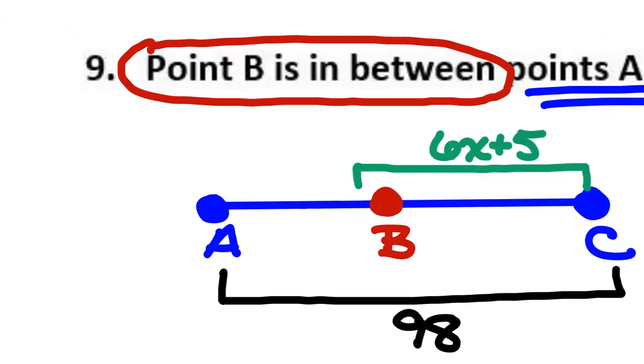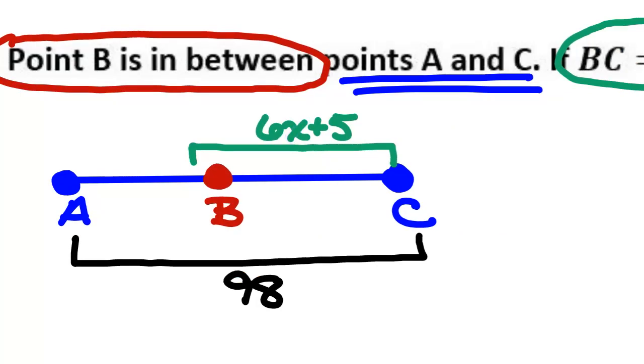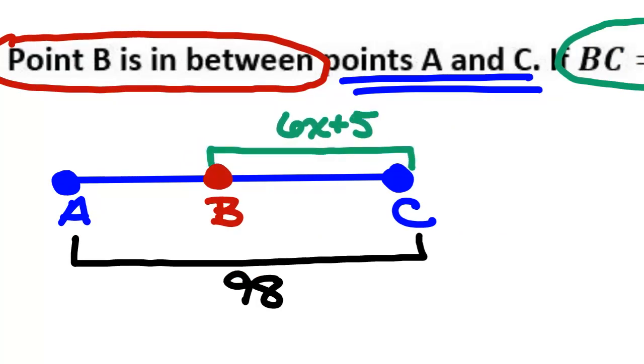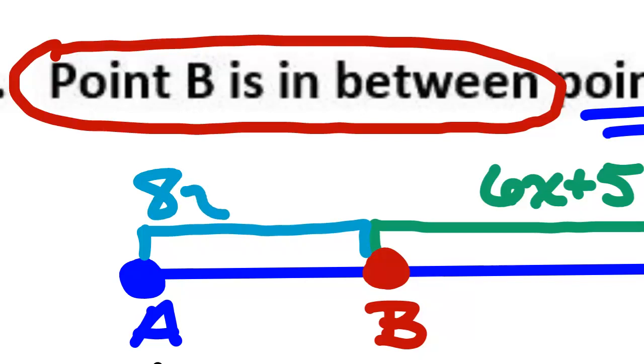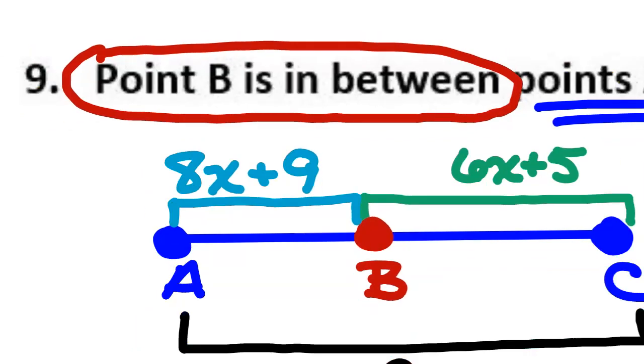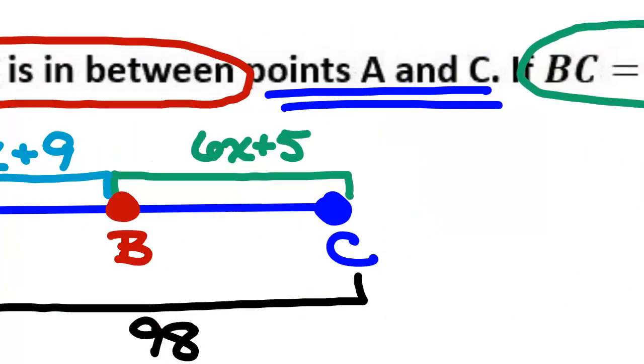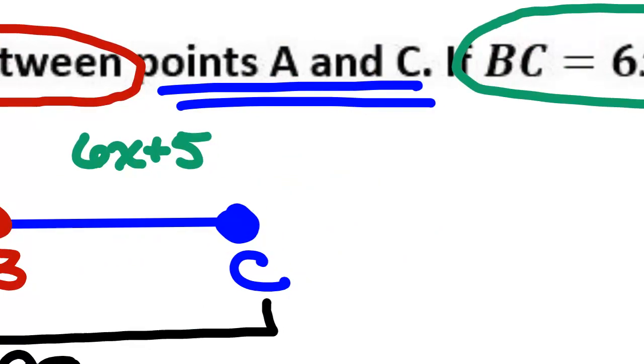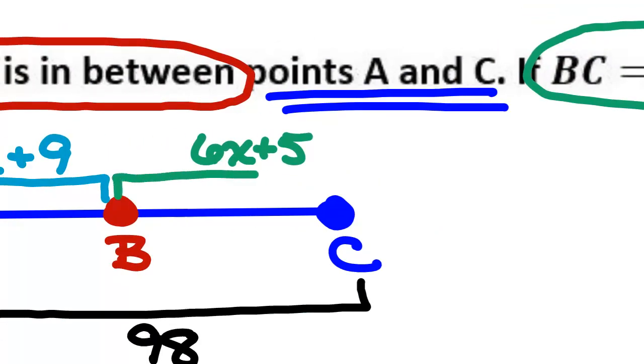So from point A over to point B, 8x plus 9. All right. So first thing we do is we add it to our picture. After that, we're going to write down an equation.